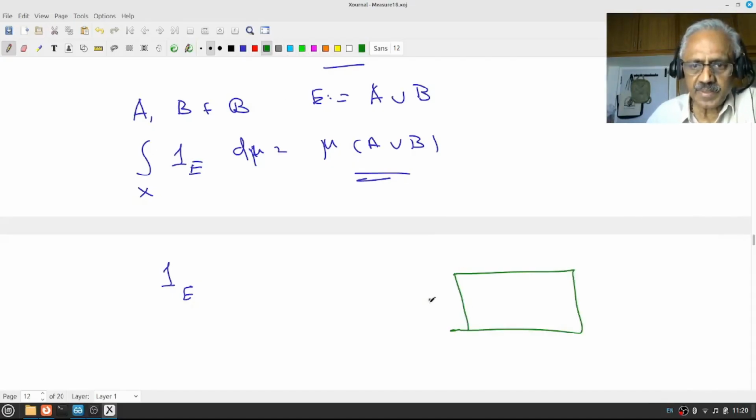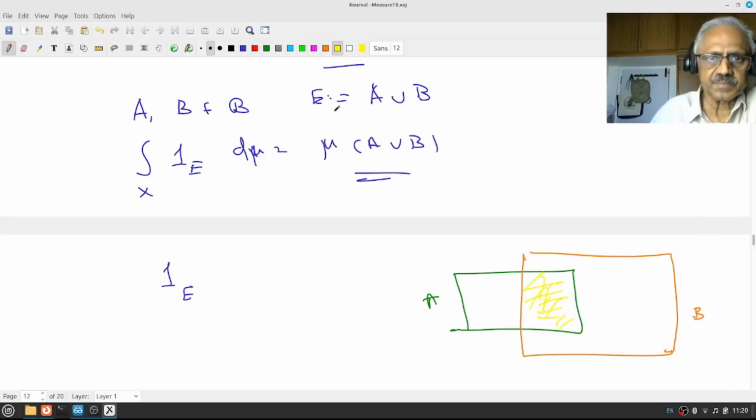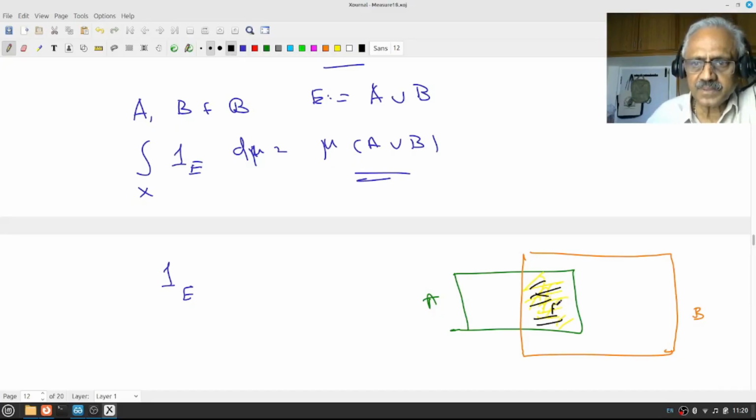This may be my A, this may be my B, and this is my A intersection B. And therefore this is A minus B, and this is B minus A.